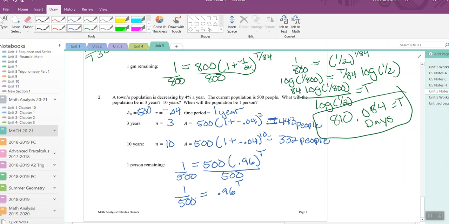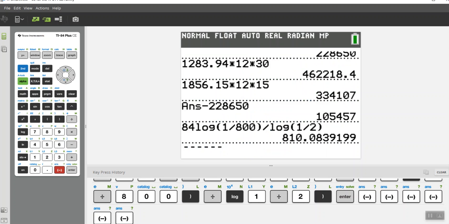So basically, you can either make that log base 0.96 of 1 over 500 equals t, or you can divide, multiply and divide.